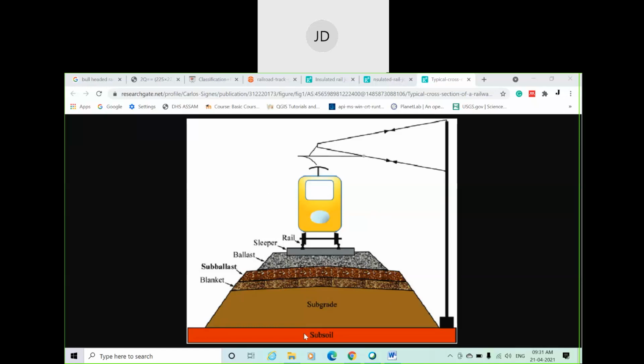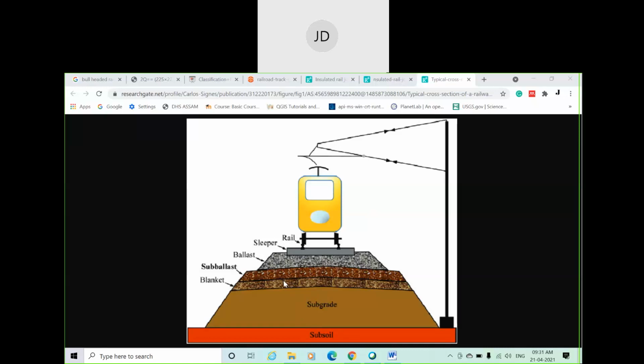This is the main purpose, and it should not fail under any downward vertical load. You may be asked a question: why is the rail provided over the sleeper and why is the sleeper placed over ballast? Why is this sequence so important? Because we cannot place the rail below the sleeper, and we cannot place the sleeper below ballast.